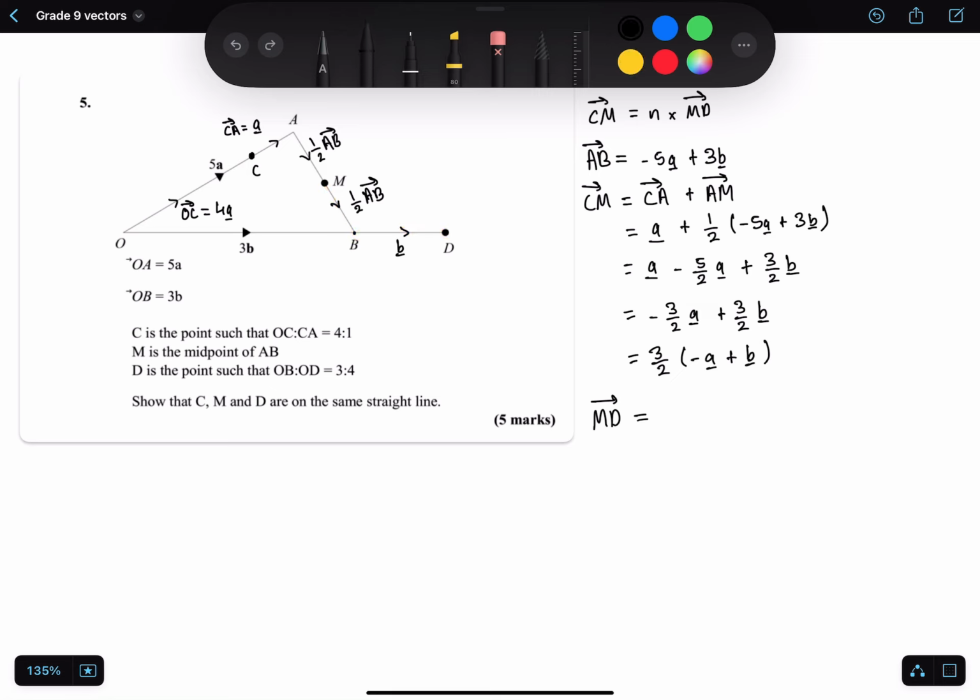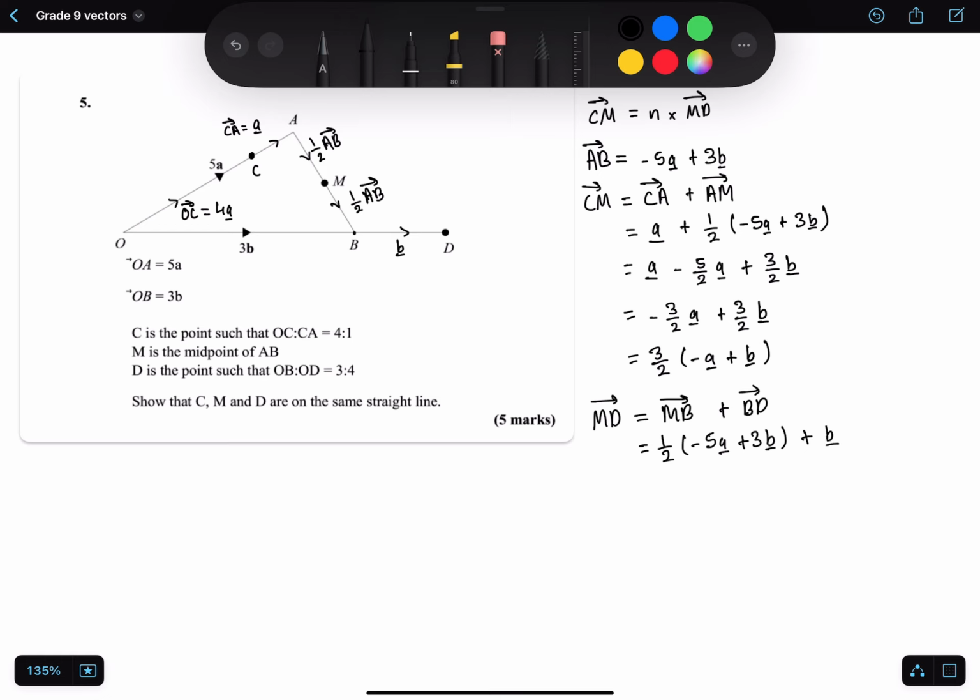And that gives us MB plus BD, which then we can denote as half of minus 5A plus 3B, because we know that AB is equal to that, and then we add B. So that takes us from M to D.